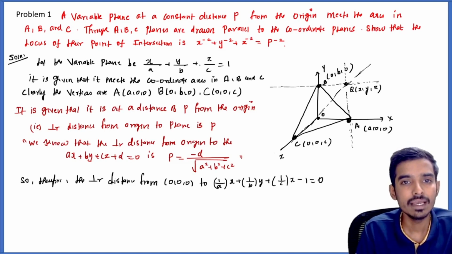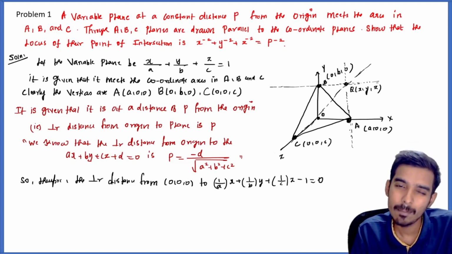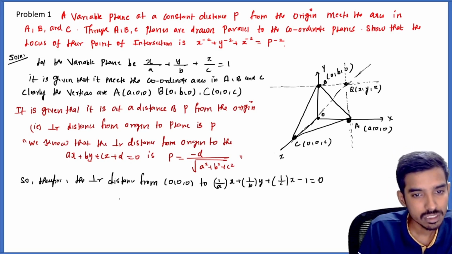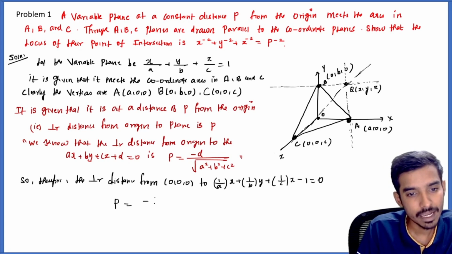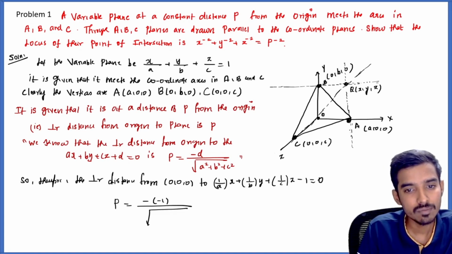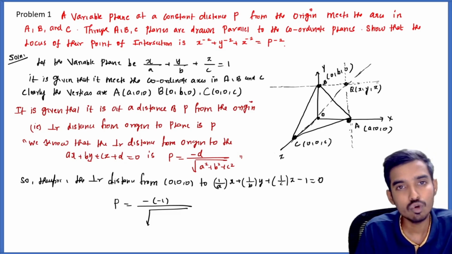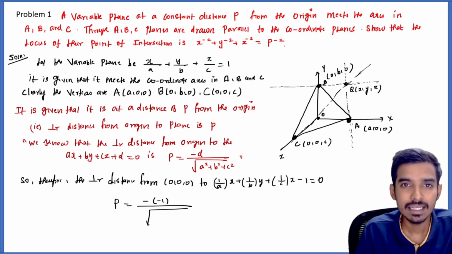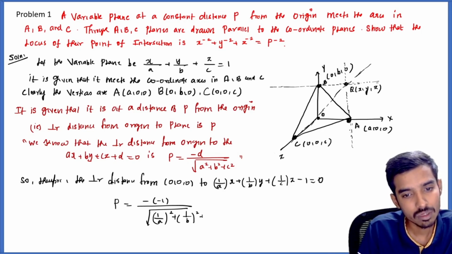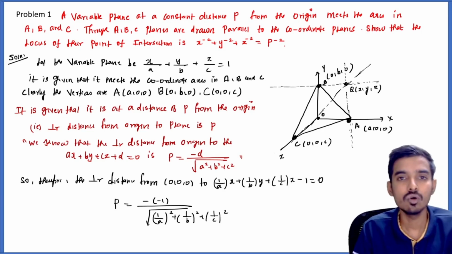It is in intercept form, but we just compare this with the general form. We have a equal to 1 by a, b equal to 1 by b, c equal to 1 by c, d is minus 1, right? So this perpendicular distance is given by minus of d, which is minus 1, divided by root of a square plus b square plus c square, where a, b, c are the coefficients of x, y, z, and it is in normal form, right? This will be 1 by a whole square plus 1 by b whole square plus 1 by c whole square, right?